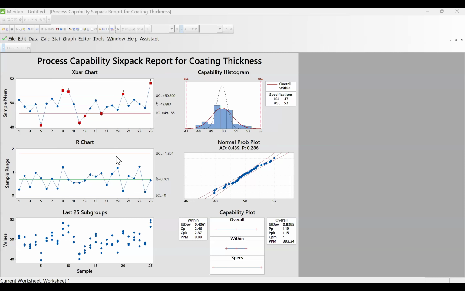Sir, one question. Yes. So regarding this, how do you say from the graph whether this process is capable for short term or for long term? Your question is how to understand whether the process is good for short term or long term, right? The CP/CPK is always a short-term capability. PP/PPK is the long-term capability.